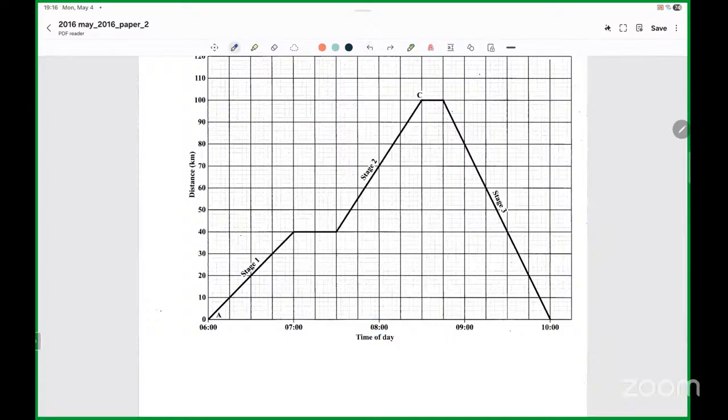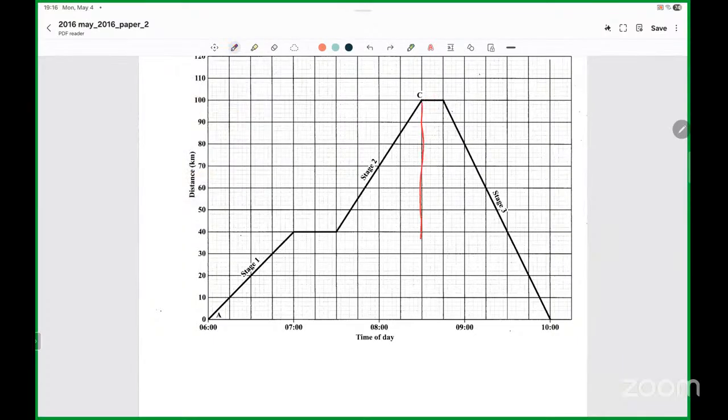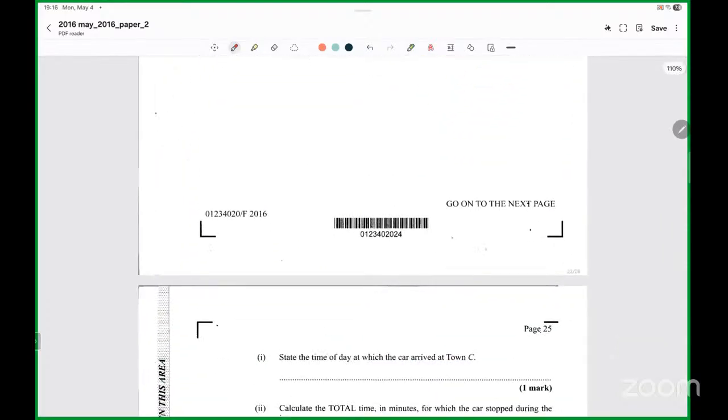So that's at 8:30 when it arrives at town C. Put a line on it. So the answer is 8:30 a.m.